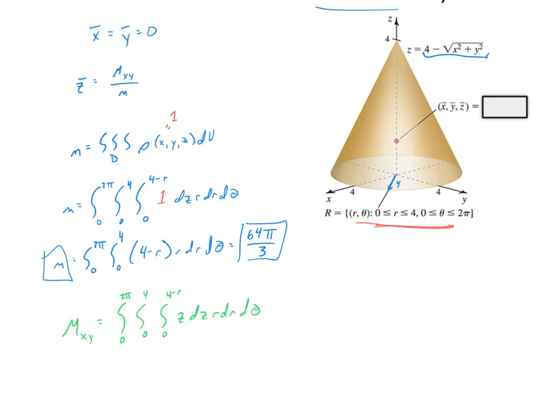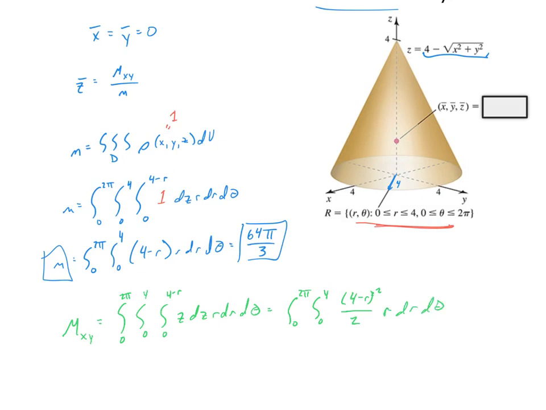This one is a little more complicated to work out because my integral with respect to z is now z squared over 2. So after the first integration, we have 0 to 2 pi, 0 to 4, and then it ends up being (4 minus r) squared over 2, times r dr d theta.